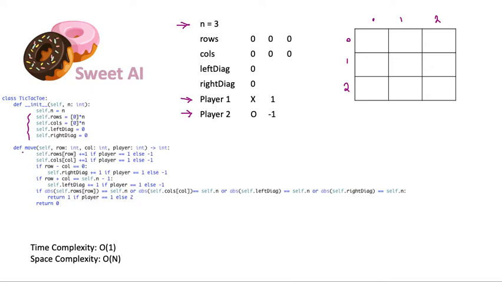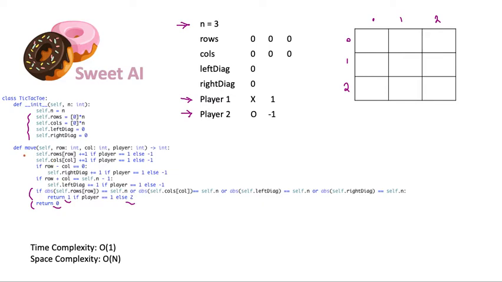In the move function, we are going to check if there is a winner with this if condition. And if that condition is not valid and there is no winner, we are going to return 0, which means we have no winners. If we return 1, it means player 1 is the winner. And if we return 2, it means player 2 is the winner.